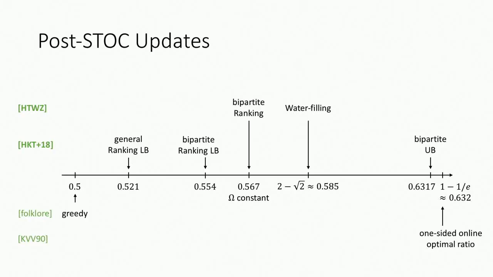So we really don't know whether bipartite graphs are fundamentally easier than general graphs. And I also want to mention that among all the hardness results, like the hardness result for ranking, the hardness result for water filling, and the problem hardness that holds for arbitrary algorithms, we only make use of bipartite graphs. We have no idea how to exploit the fact that the graph is general to make the problem harder.